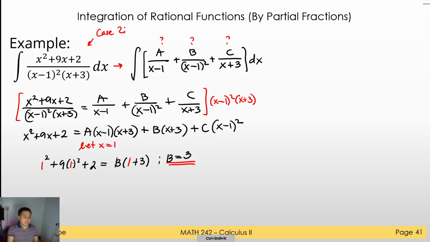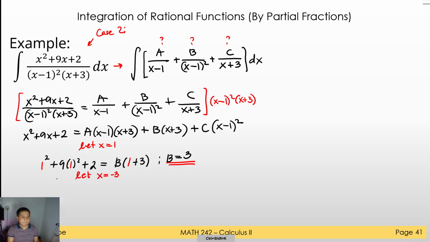Okay, and then for the next one. We already solved for b. As soon as you solve a coefficient, you can actually substitute the value already if you want. But what I will do here first is substitute x equal to negative 3, and I will substitute the newly solved coefficients later.